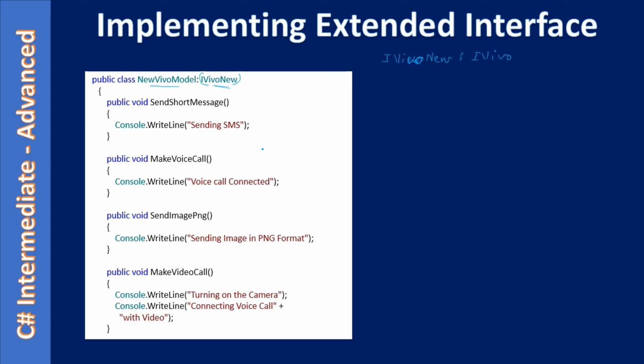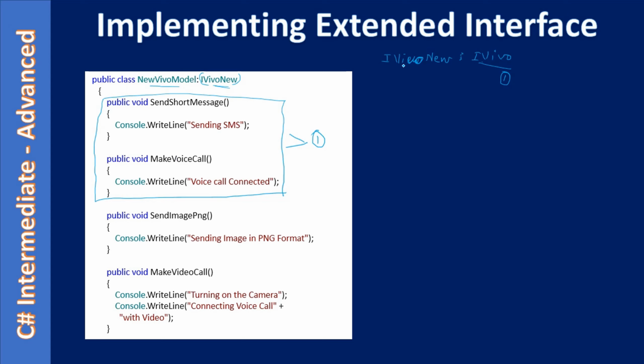And if you see here, send short message and make voice call, these two are implemented from this IVivo, because we already know that IVivo exposes the two interface functions, sending a short message and make voice call.